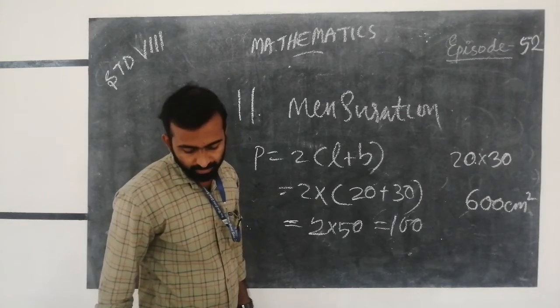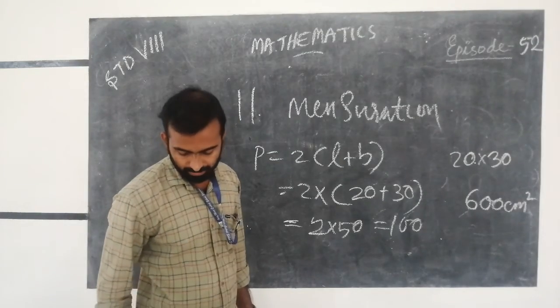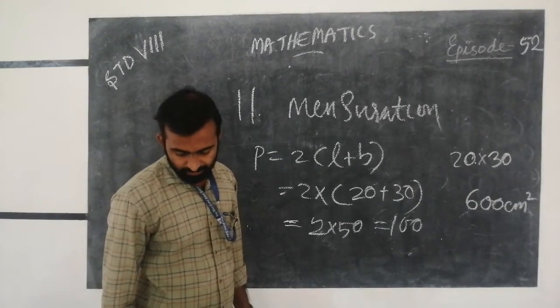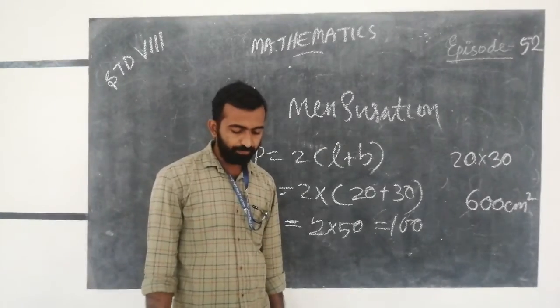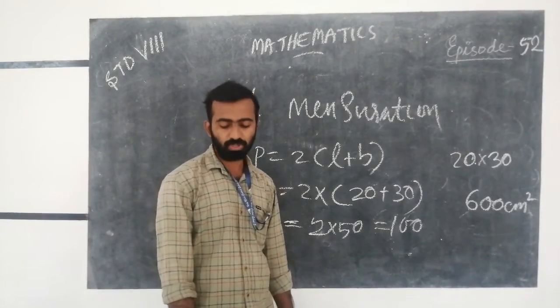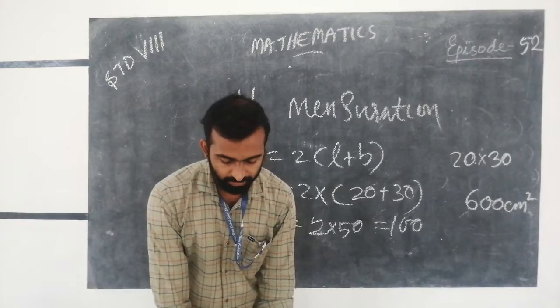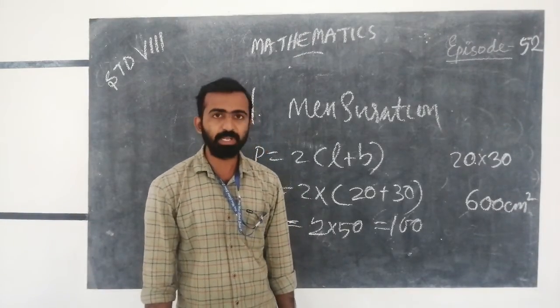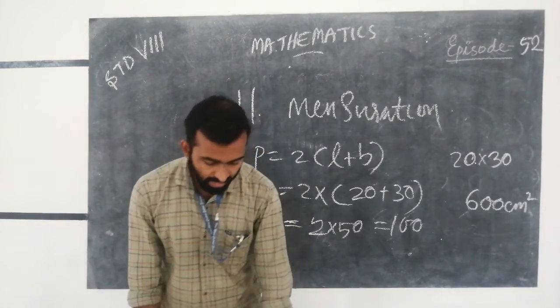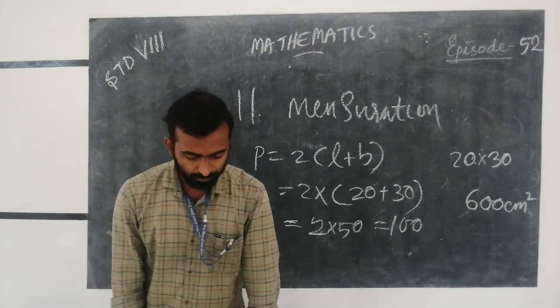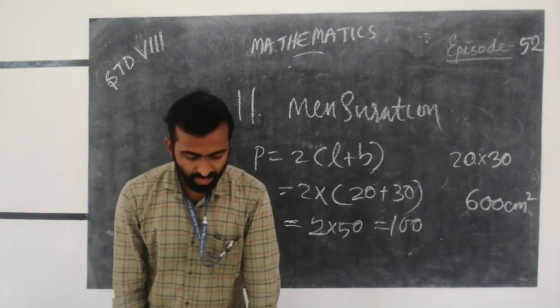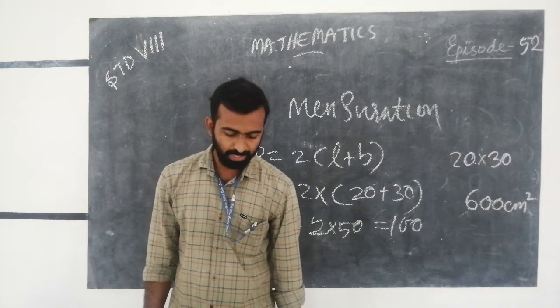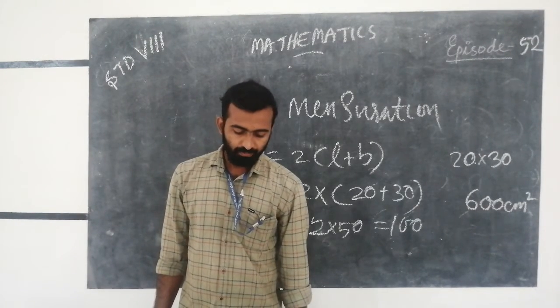cemented path. We want to find the area of the total path, and area of the cemented path is equal to area of the path minus area of the path left after the cementing path.